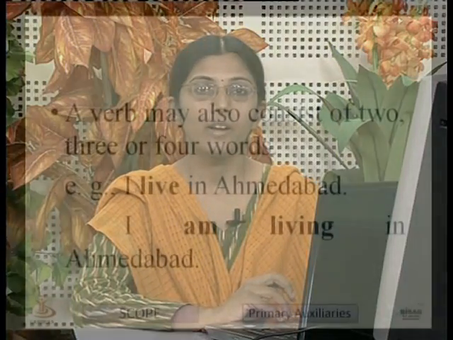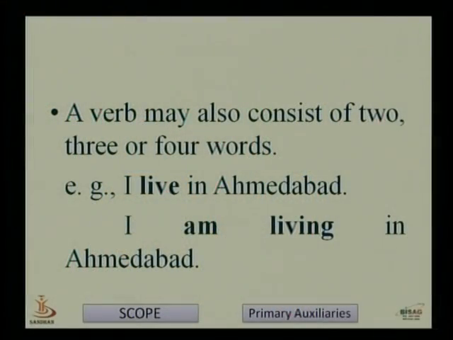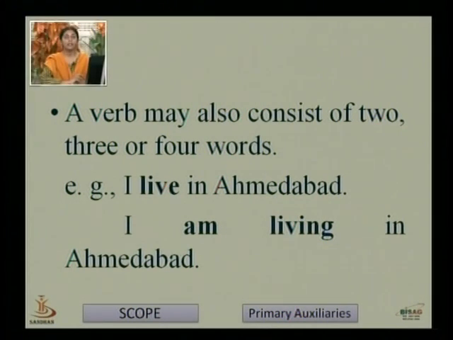Let us now go further. A verb is not necessarily of one word only. A verb may also consist of 2, 3 or 4 words. For example, I live in Ahmedabad. Here the word live is the main verb or action verb. To live is an action. The second example is, I am living in Ahmedabad.